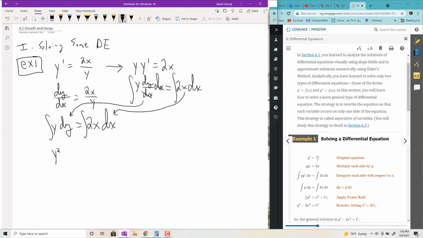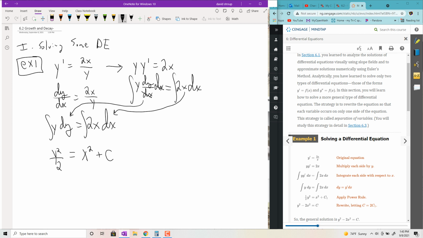So you have y squared over 2 on the left side, and then there should be a constant, but we just put all the constants on the right, so you need not worry about that right now. 2x squared over 2 on the right here, and then there's my constant.